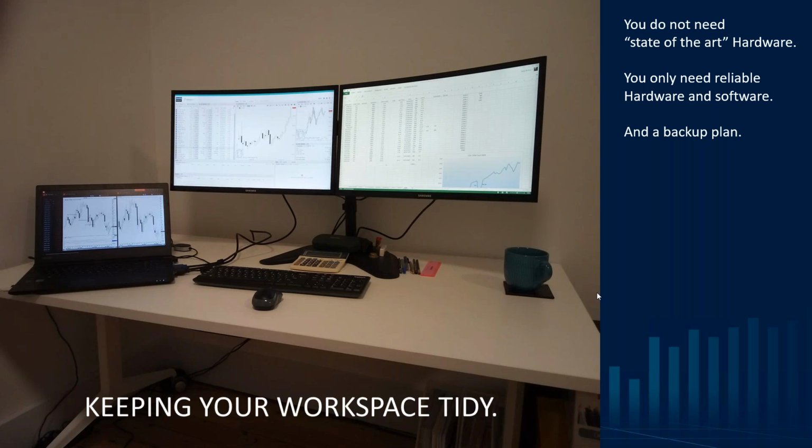So clean up your desk, tidy up the area around you, and keep it nice and clear of any other sort of distractions along the way. I've always said that you don't need state-of-the-art hardware. You only need reliable hardware, and there's plenty of that around these days, and reliable software. And you need a backup plan, which means you need a second internet connection in case one goes down, which happened to me on the way in tonight.